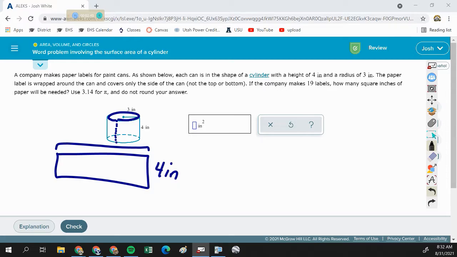So it wants us to use 3.14. So C equals 2 pi times 3. So 2 times 3.14 times 3 is 18.84.